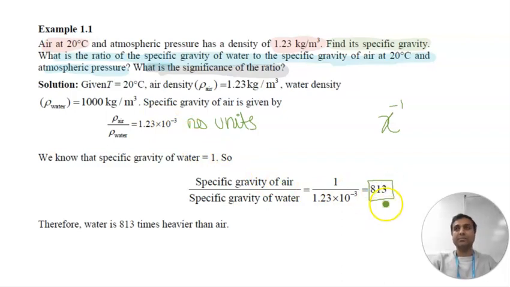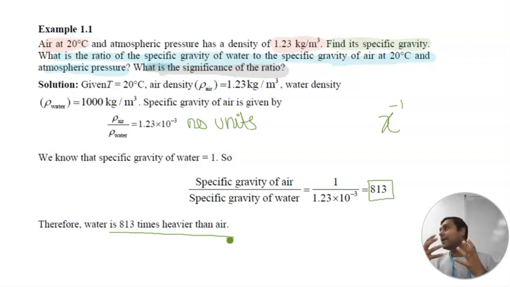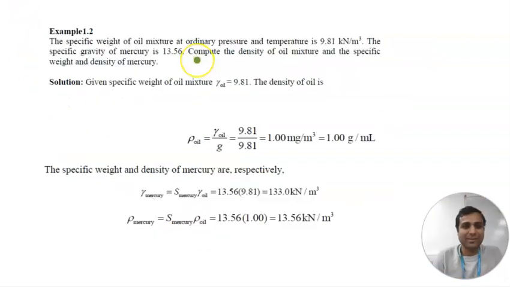It means the water is 813 times heavier than the air. So the significance of this ratio is that it gives you a comparison in terms of density with respect to water, how heavy or how light something is with respect to water, because we use water as a standard.